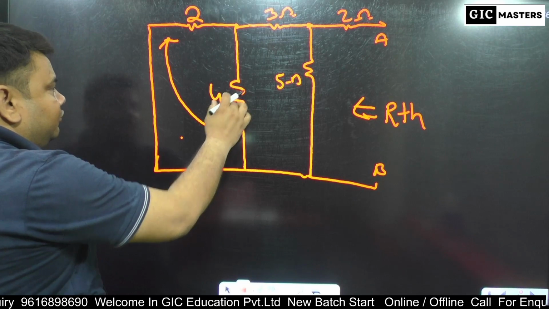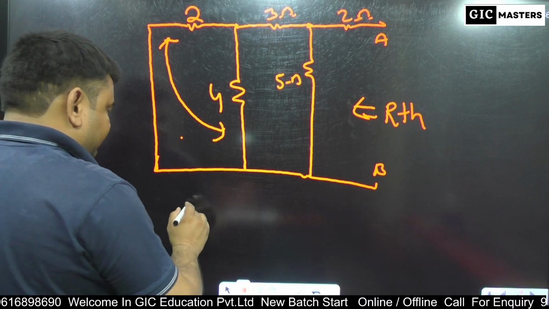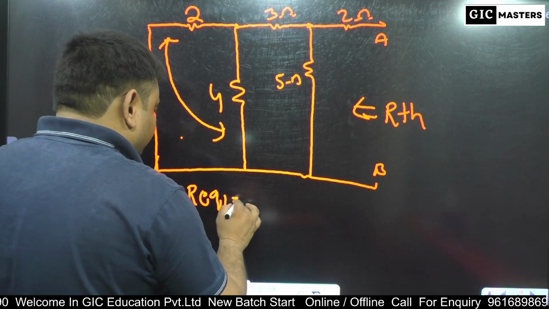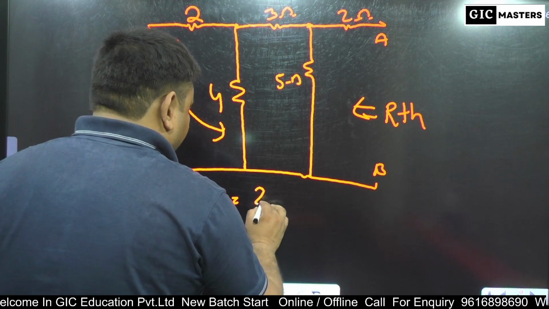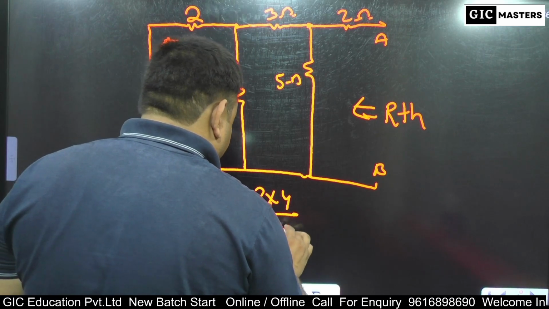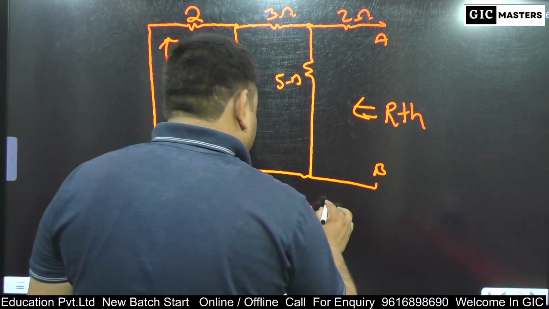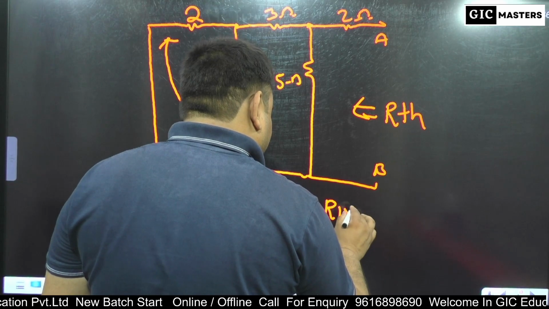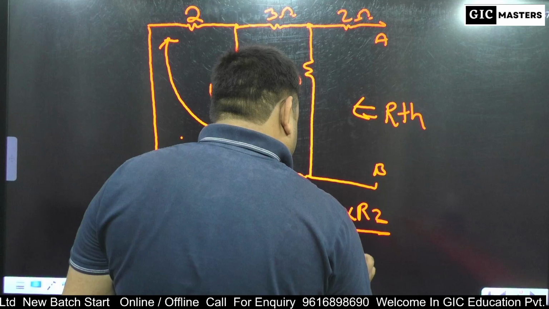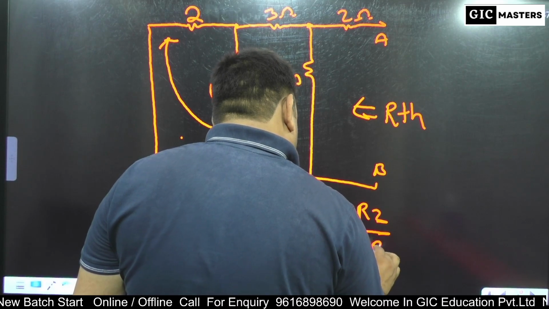Here 2 and 4 ohm are in parallel. So R equivalent 1 equals 2 into 4 divided by 2 plus 4, because in parallel it is R1 into R2 divided by R1 plus R2.